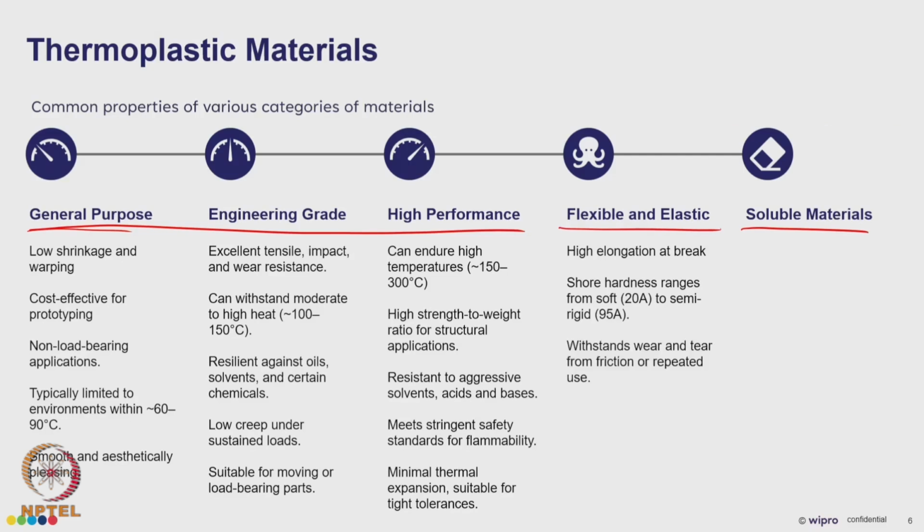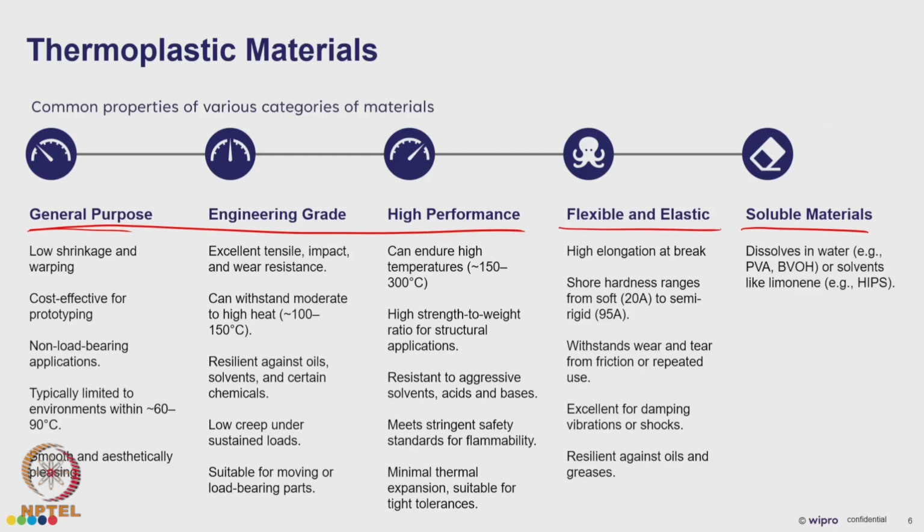These parts are mostly used in high wear applications, where repeated loads are coming and where the friction is higher, and also in damping applications for restricting vibration and shocks. This also provides very good resistance towards oils and greases. So this is mostly used in applications like gaskets, seals or O-rings.